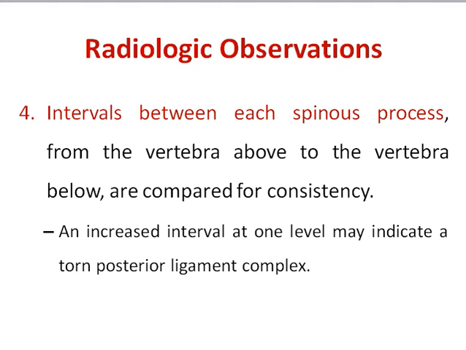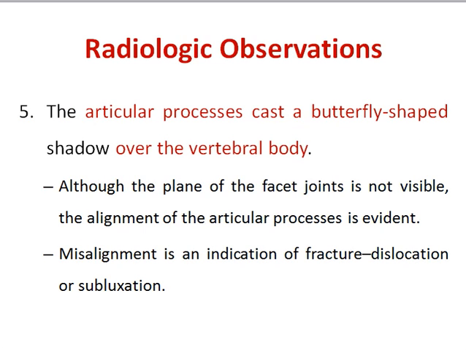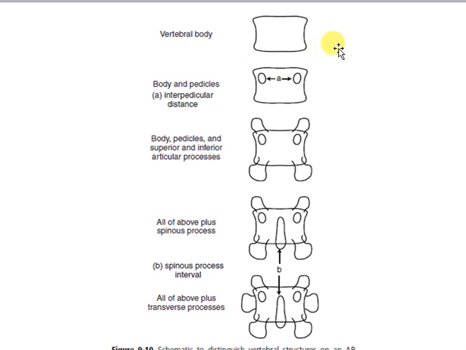And you have to look for the interval between each spinous process as well. The articular processes cast a butterfly shaped shadow on the vertebral body. So this is how a thoracic vertebra appears. So this is the vertebral body, and then the pedicles. From the pedicles, these are the superior and inferior articular processes.